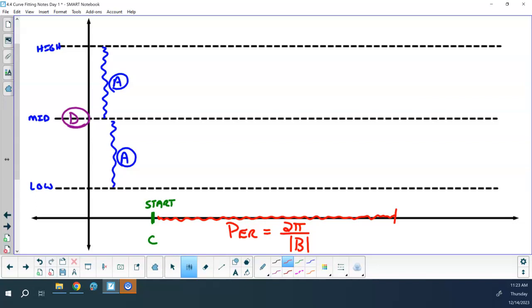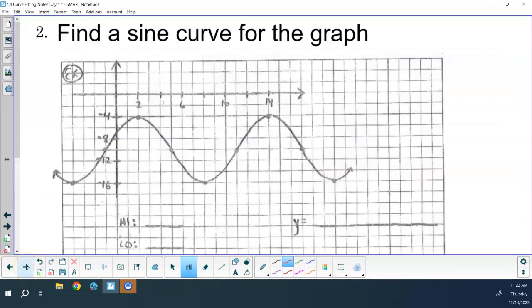Now, we're on the note sheet that you got when you picked up here. So let's do the first one. It says, find us a sine curve to go along with that. The first thing we can identify is where those highs and lows are.